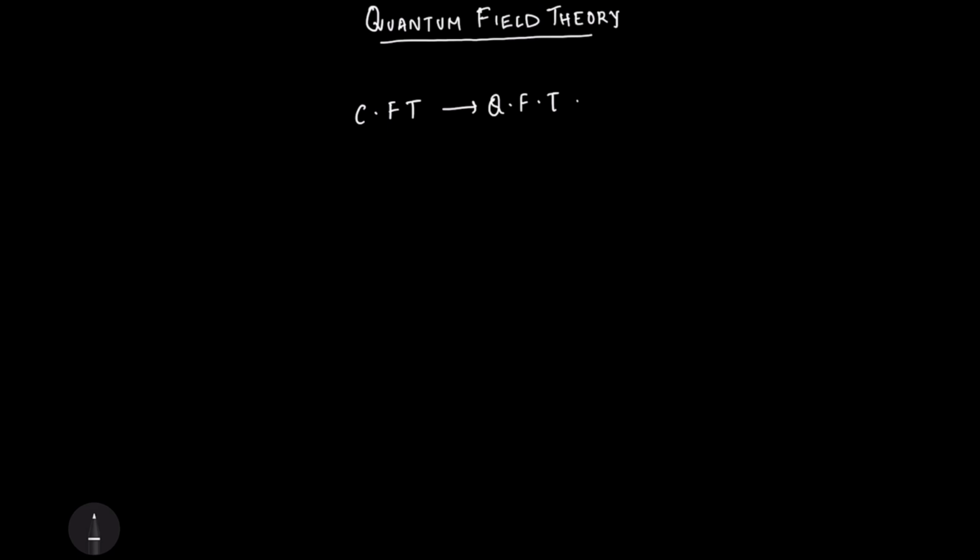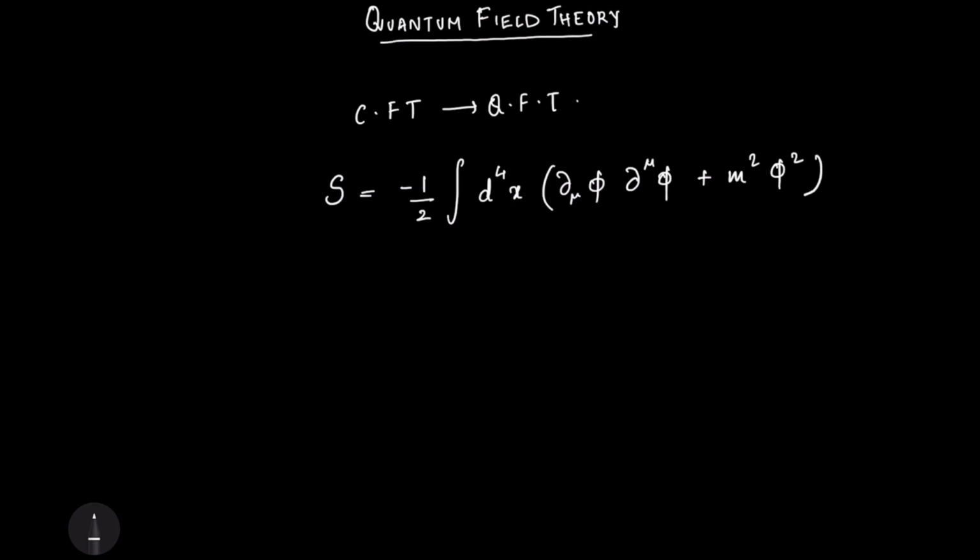For a classical scalar field theory, the action is given by minus 1 by 2 integral d^4x (partial phi)^2 plus m square phi square, and the corresponding equation of motion is this.